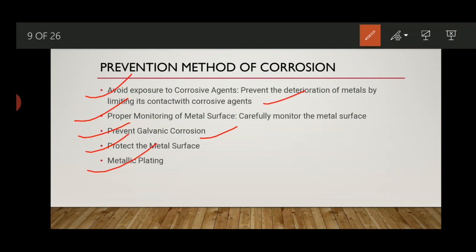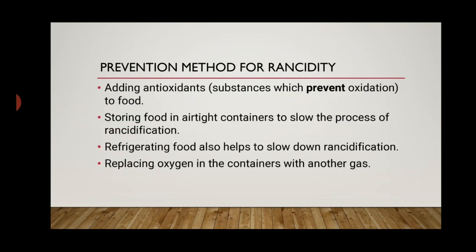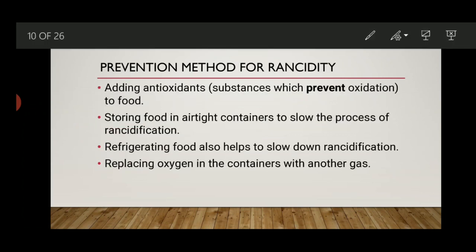Now let's discuss the prevention methods of rancidity. As we know, rancidity is a slow deterioration of food material in which oil and fat is present. Then how will we prevent it? By adding antioxidants to the food, that's how we will prevent our food from getting rancid.